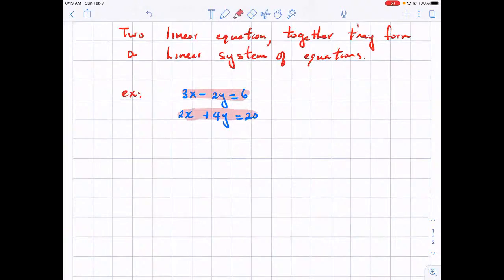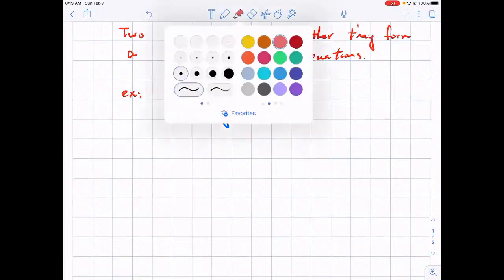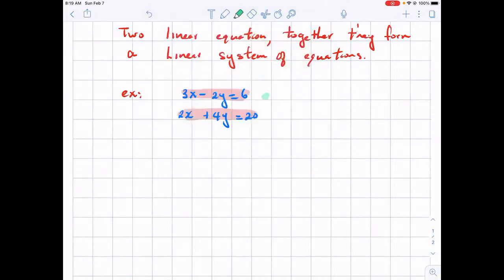The solution set to the system is the set of all ordered pairs that satisfy both equations. So whenever you have a solution, that solution must satisfy the first equation and the second equation.